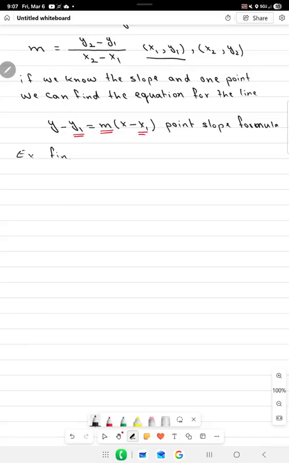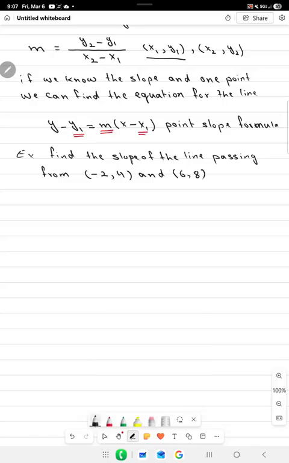In this example, they are asking you, find the slope of the line passing through -2, 4 and 6, let's say 8.